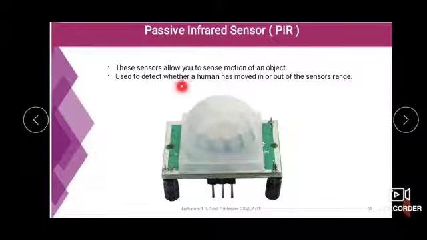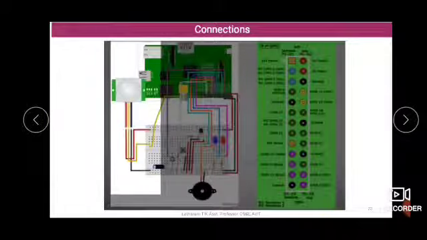It is used to detect whether a human has moved in or out of the sensor's range. So if any human or object comes in the range of the sensor, then it will detect the motion of the object or the human. So let us see how you can interface it with the Raspberry Pi.